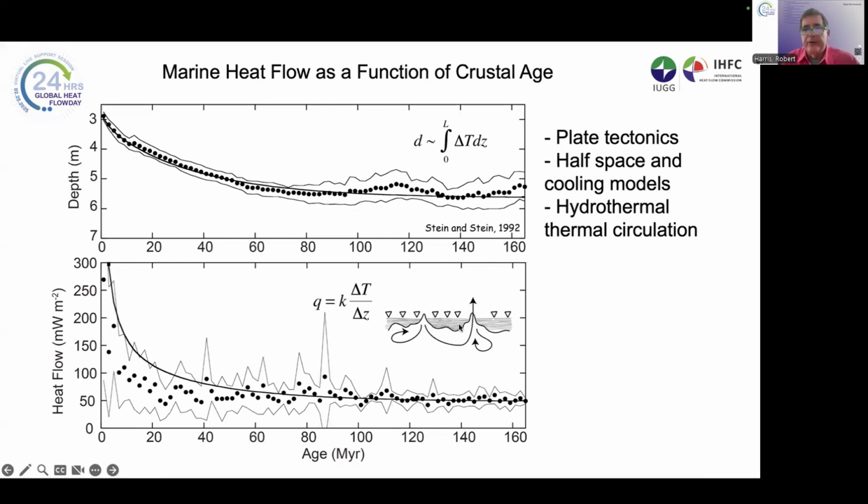So you would get low values here, but also great variability. And it's important to note that these models represent global averages, and so any actual lithosphere somewhere may depart substantially from these predictions.